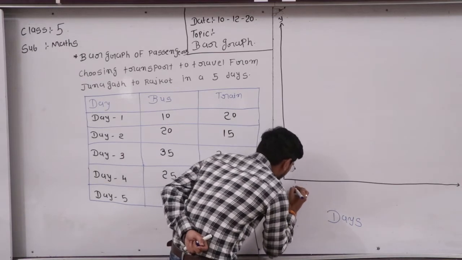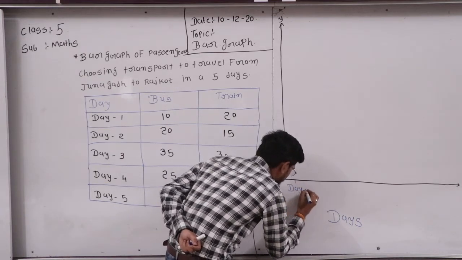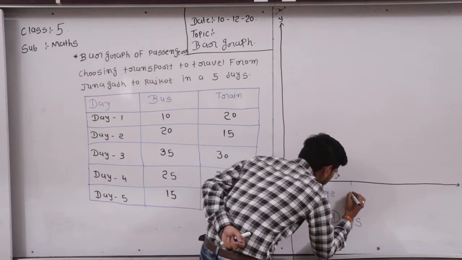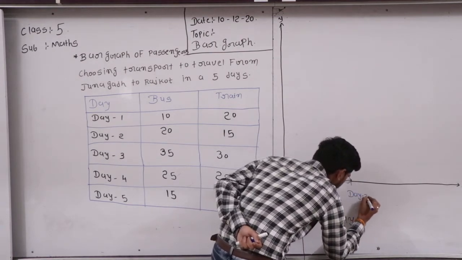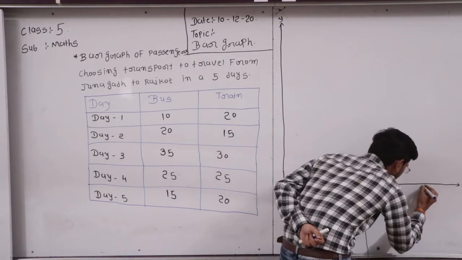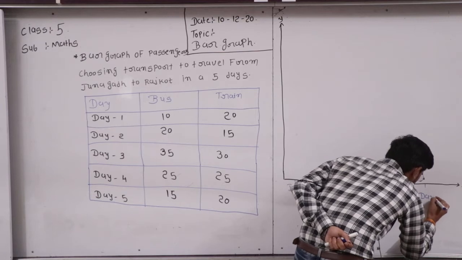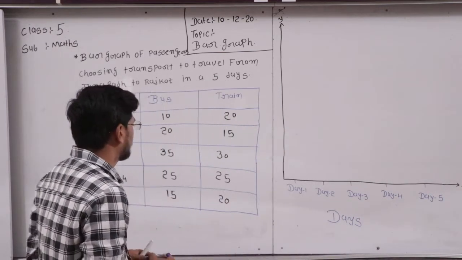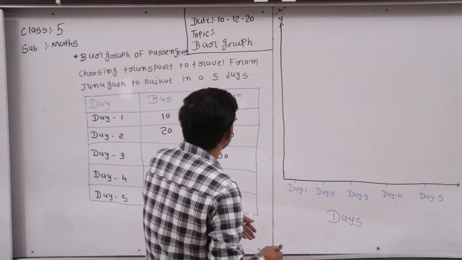So day starts from day 1, day 2, day 3, day 4, and in the last day 5, right?